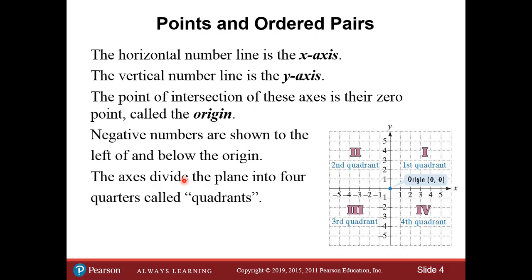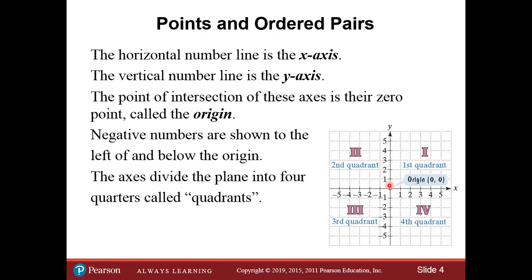So now, the points and ordered pairs. On a rectangular plane, you can determine the location of any point by just 2 coordinates, in the x direction and the y direction. The rectangular coordinate system has 2 axes, the x and y axis.